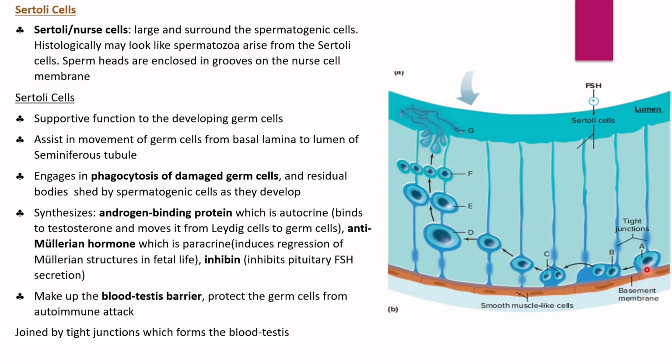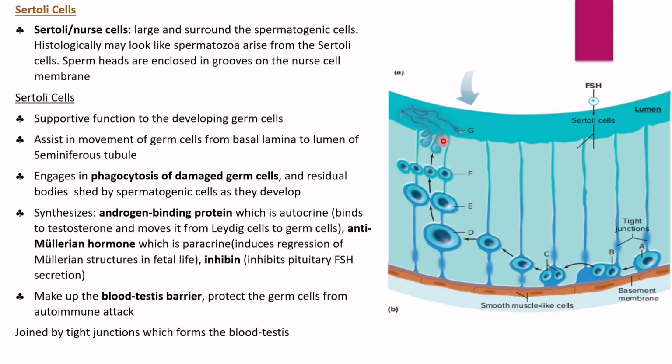It happens at the base, then moves up to the luminal side. These Sertoli cells also form a barrier which we call the blood-testis barrier to help protect the spermatozoa here.